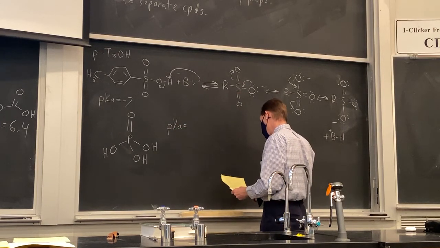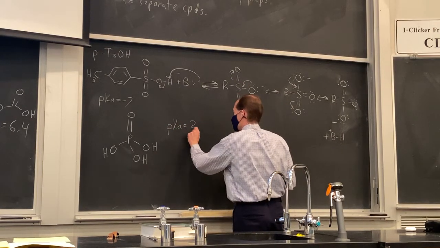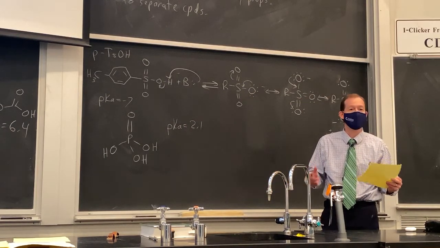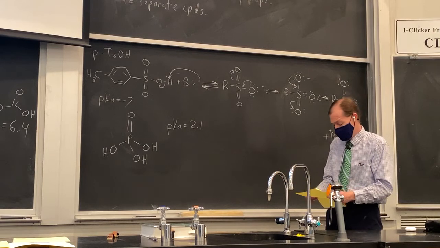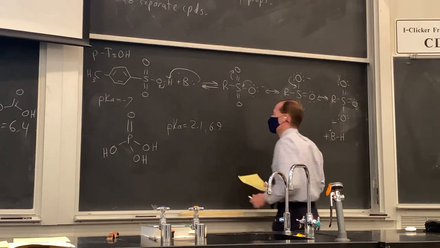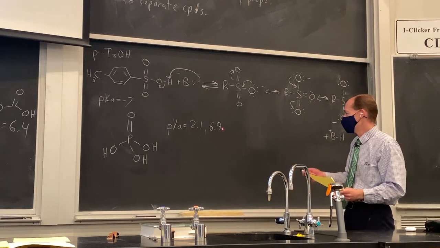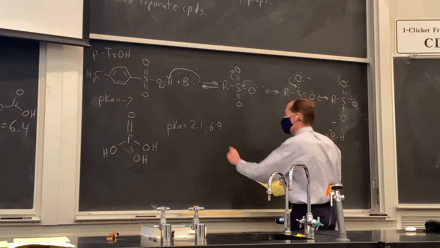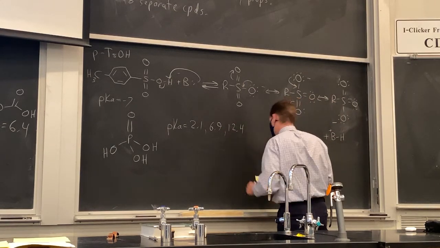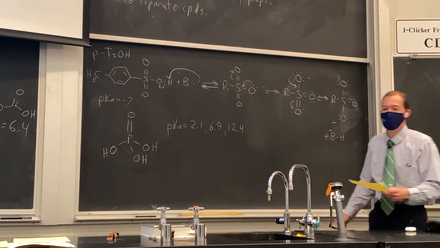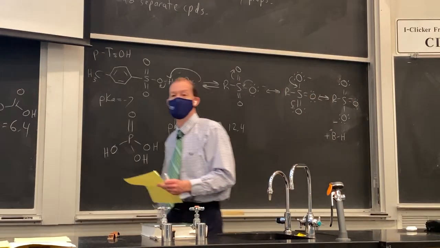To pull off one of those, we have a pKa of 2.1, so that's weakly acidic, but more acidic than a carboxylic acid. And then to pull off the second one, to make a dianion, the pKa would be 6.9. And then to fully deprotonate phosphoric acid, to make phosphate, we'd have to get up above 12.4. Okay?